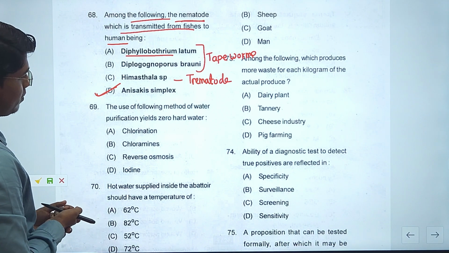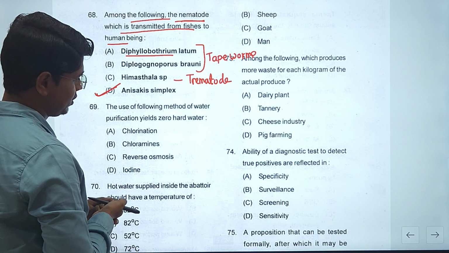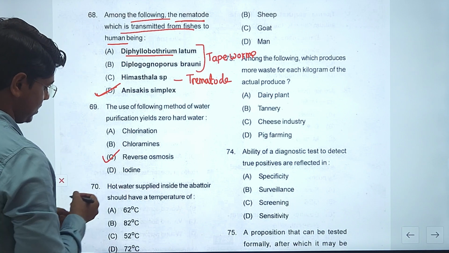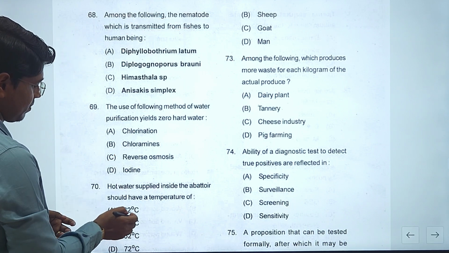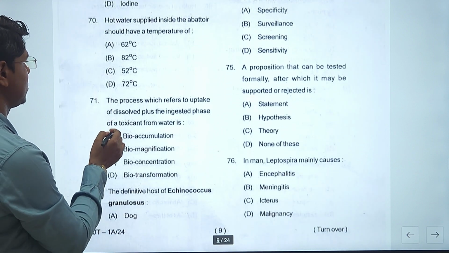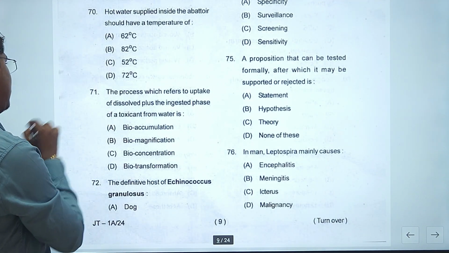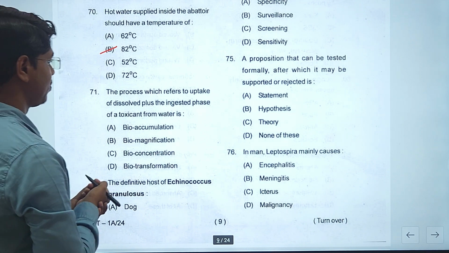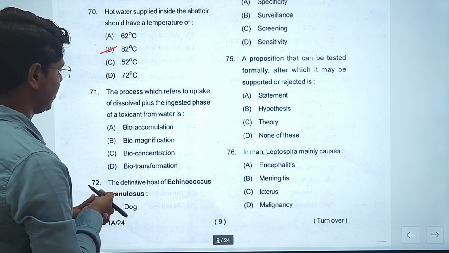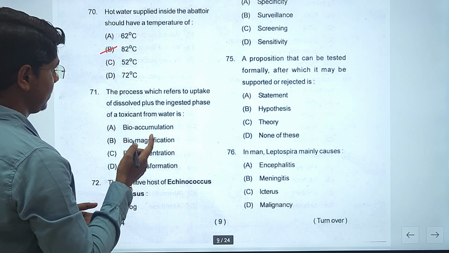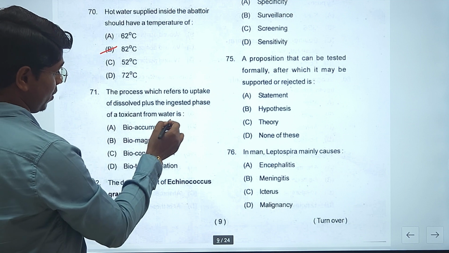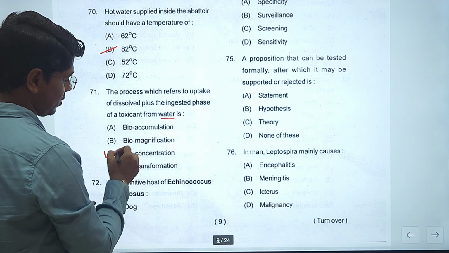But Anisakis simplex is the answer, which is a nematode. The use of the following method of water purification is zero hardness: reverse osmosis. So this is reverse osmosis. Hot water supplied inside the abattoir should have a temperature of 82 degrees Celsius. The process which refers to the uptake of dissolved plus ingested phase of a toxicant from water is bioconcentration.